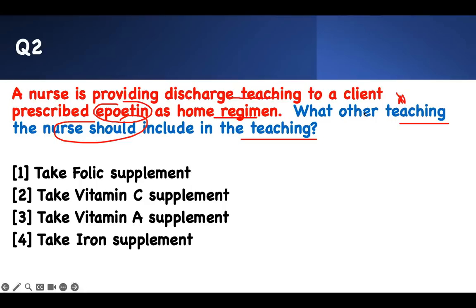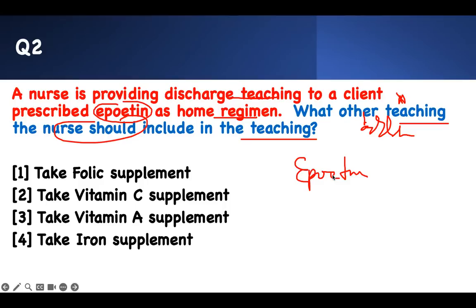What additional? This other means additional teaching should be included. If you're going on with Epoetin, what other things should I teach you so that you can let the medication work? I'm talking based on the answer choice, it's not talking about side effects.